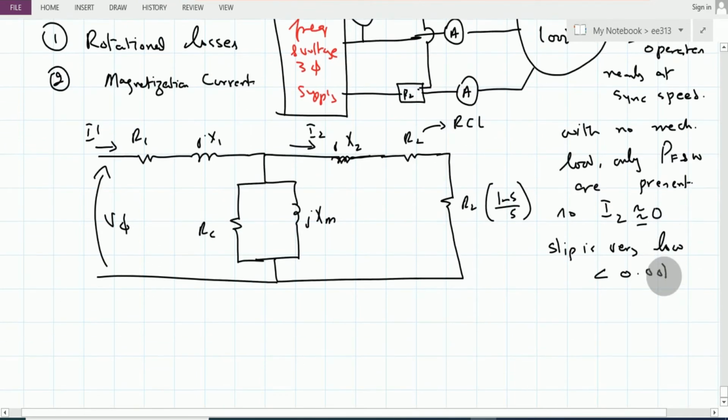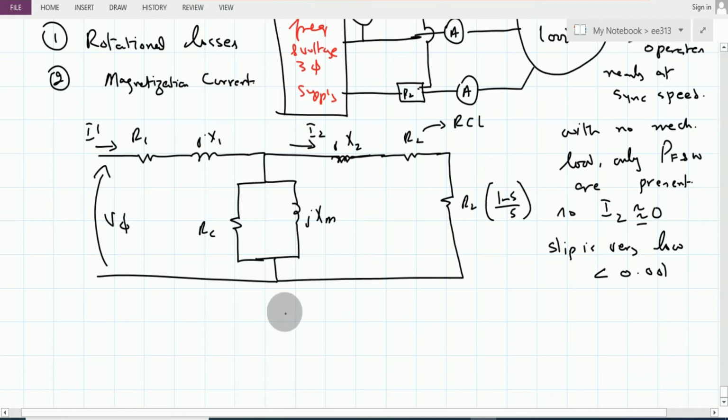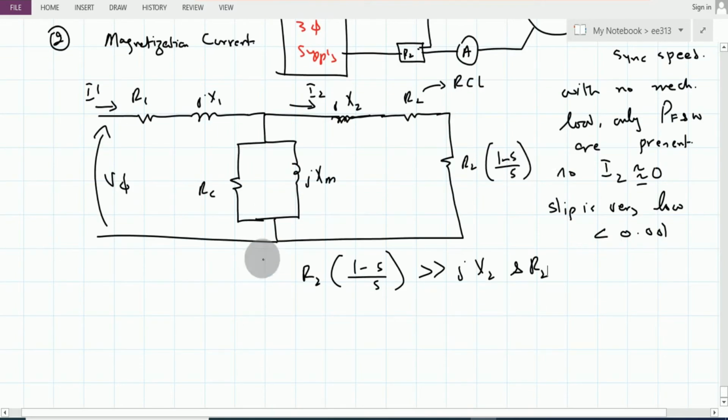Both of the rotor equivalent parameters are negligible compared to R2 (1 minus S) over S. Therefore, we can modify this circuit by having only RC and jXM.